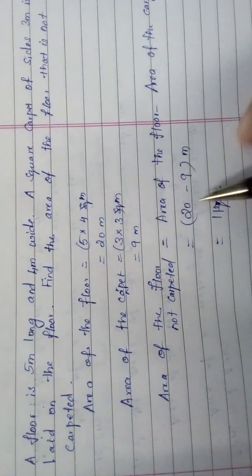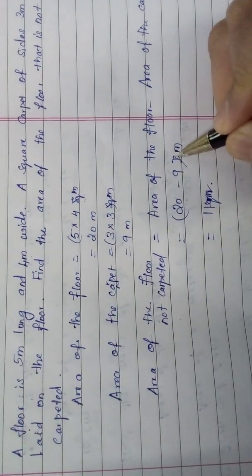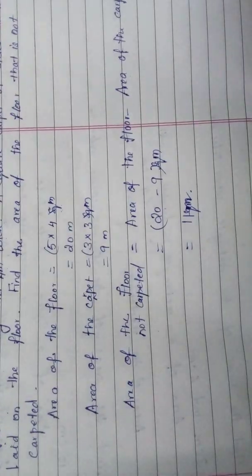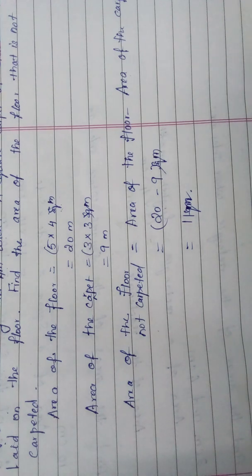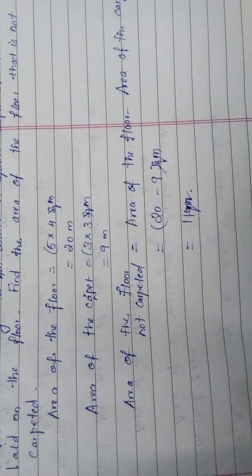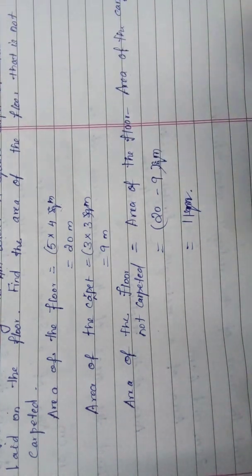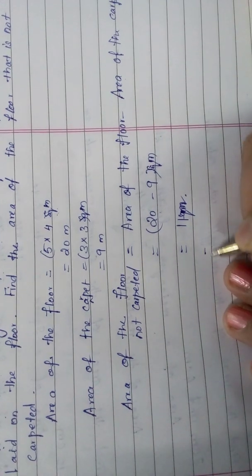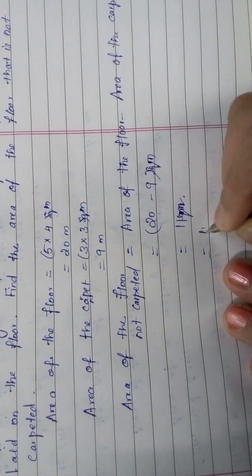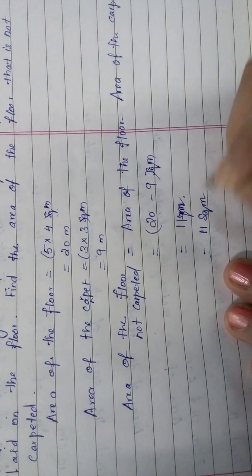Since the unit of area is square units, whatever the meter means meter square, centimeter means centimeter square. Like that you should write the unit. So, what is the area which is not carpeted? 11 square meter. Understood, children?